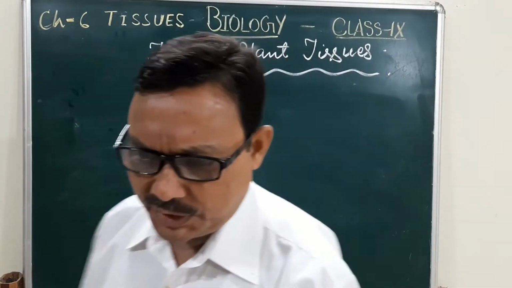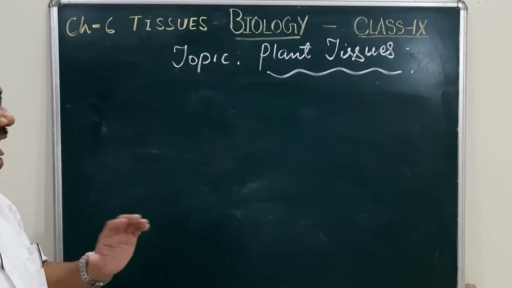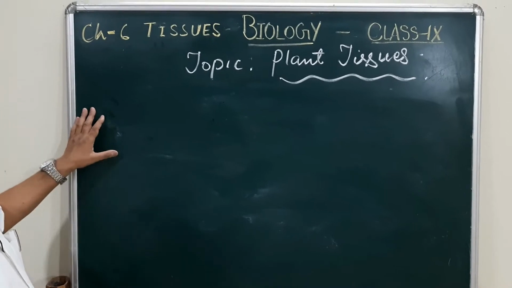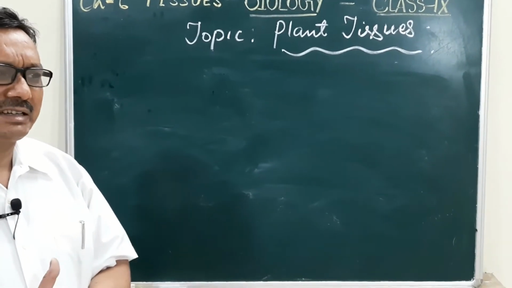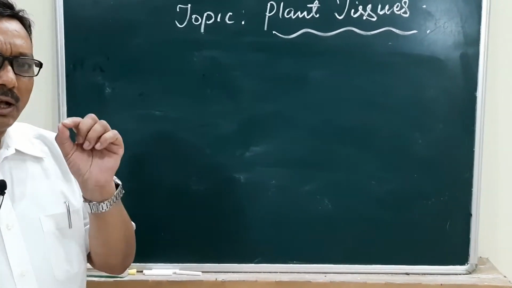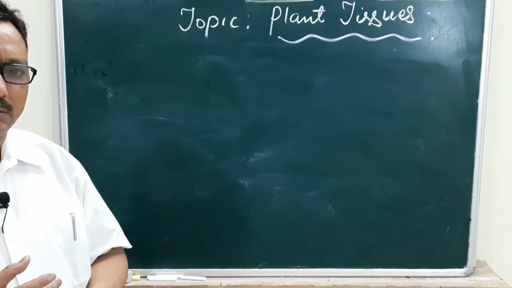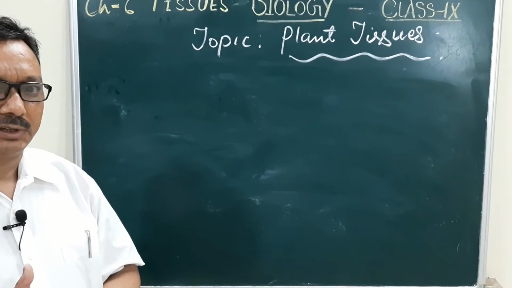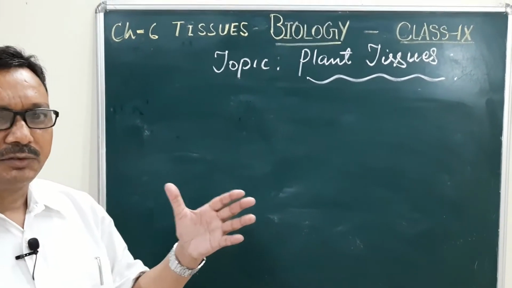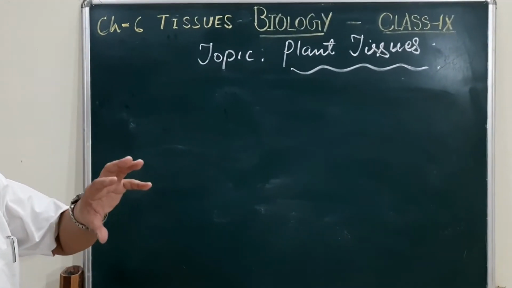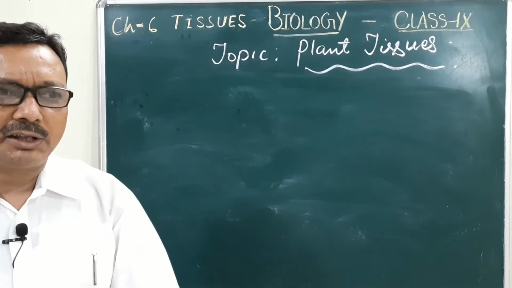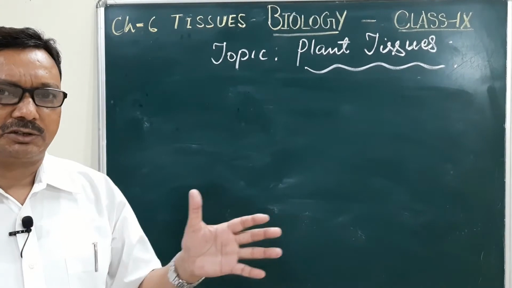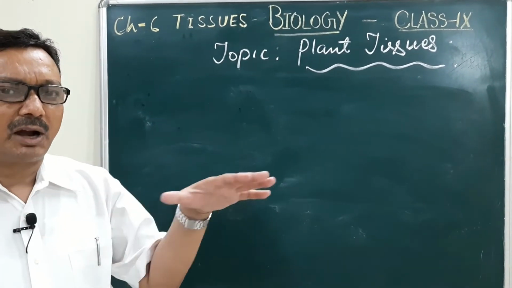Well, if we recap our last class, then we may have an idea that due to the multicellular organization, there is a division of labor. That means the work, the functions of the body will be distributed to the different parts of the body.